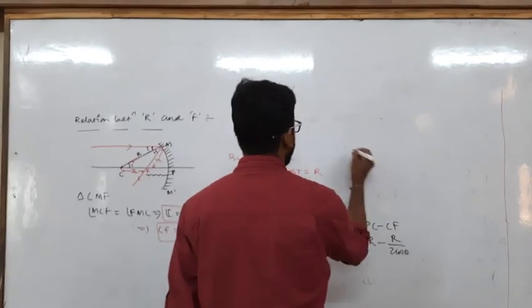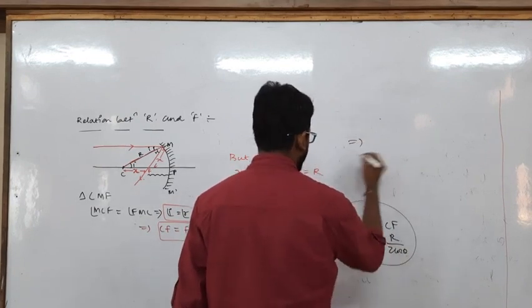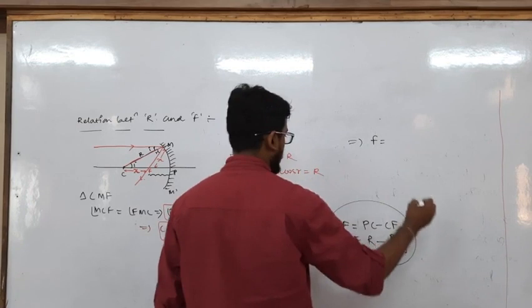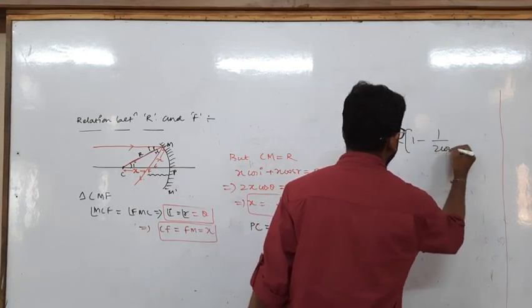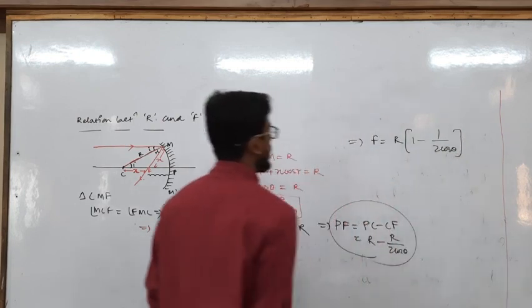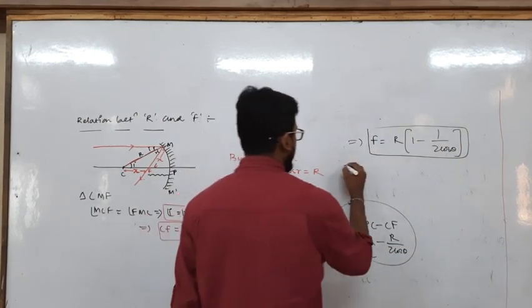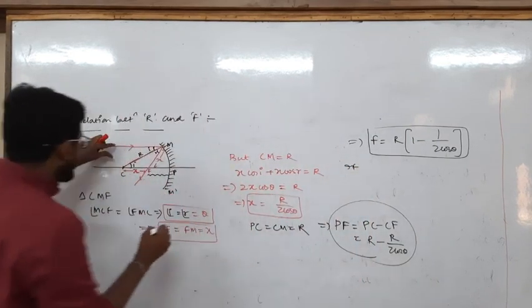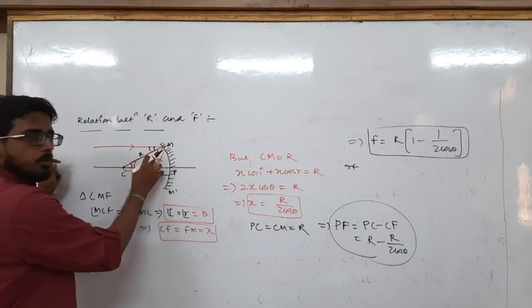So from this relation we get PF, the focal length f, equal to R into (1 minus 1 by 2 cos theta). This is the relation between focal length and radius of curvature. If these rays are very close to the principal axis, then theta will be very small.